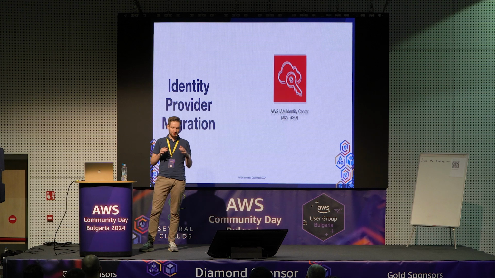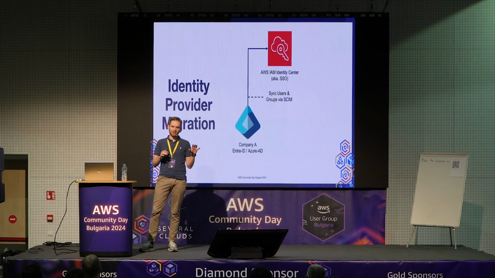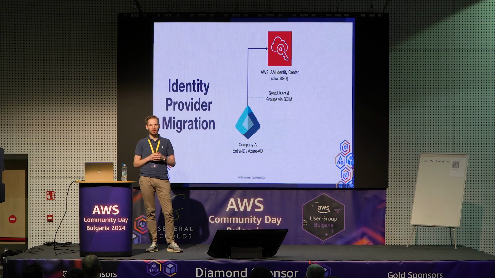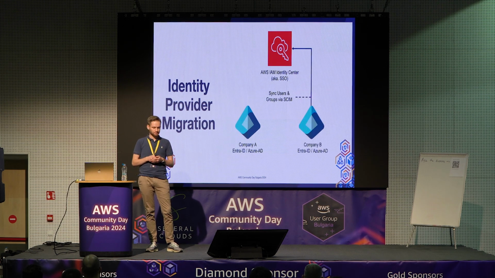In our case, the customer already had a setup with their Azure ID, but since the company was being bought, all employees were getting a new account with the new company, and they had to migrate their existing permission structure to the new identity provider.